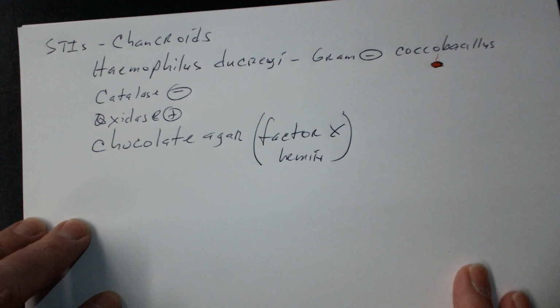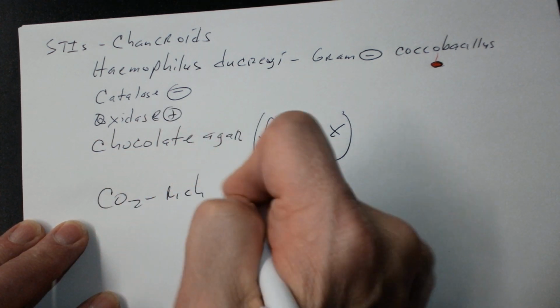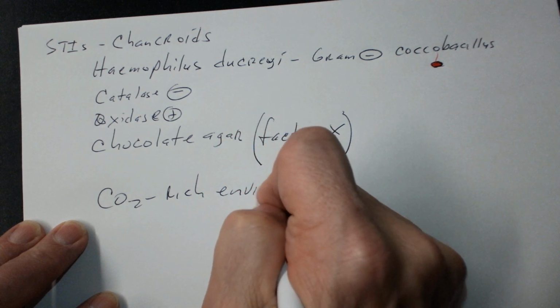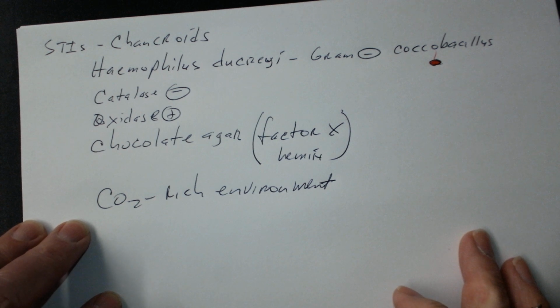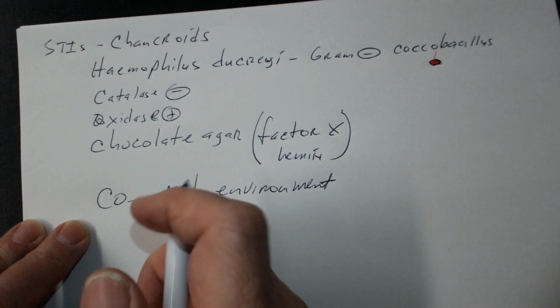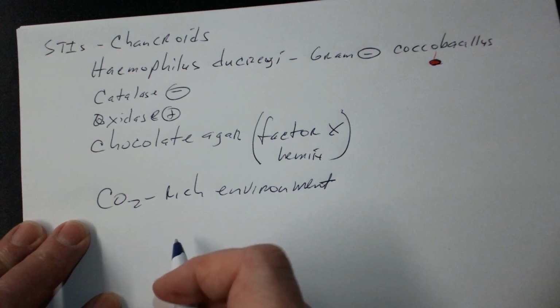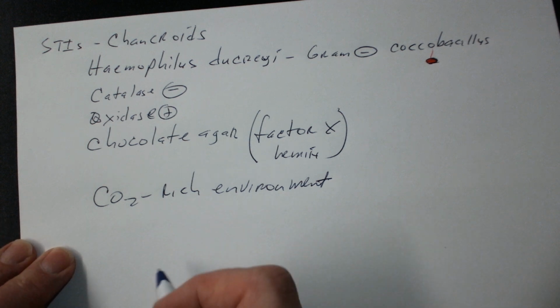The organism grows in a CO2-rich environment. So it needs chocolate agar and a CO2-rich environment. It'll form small, gray, translucent colonies on plates.